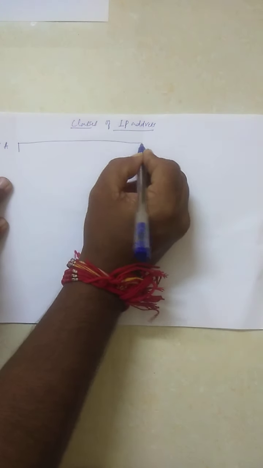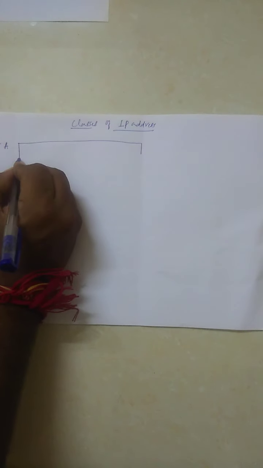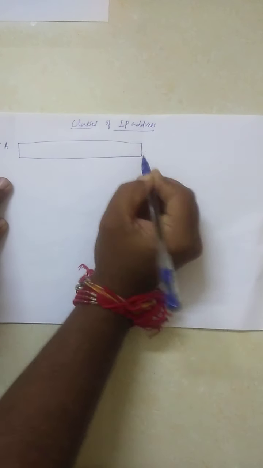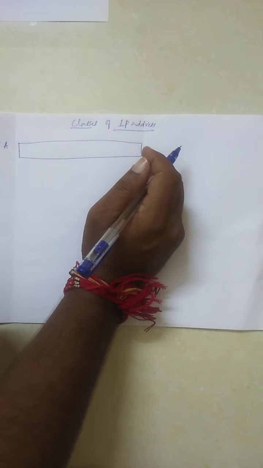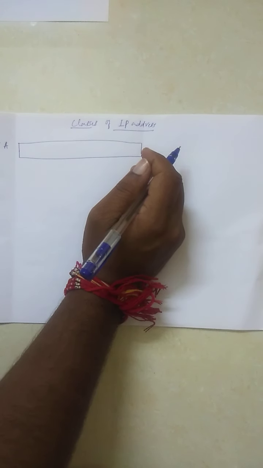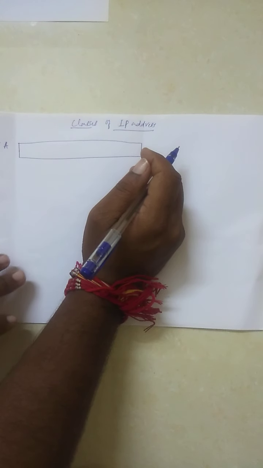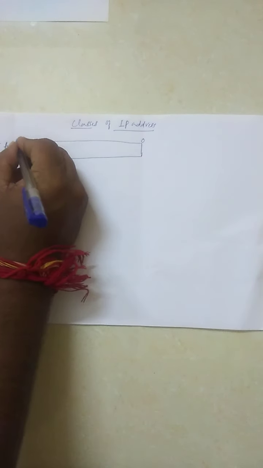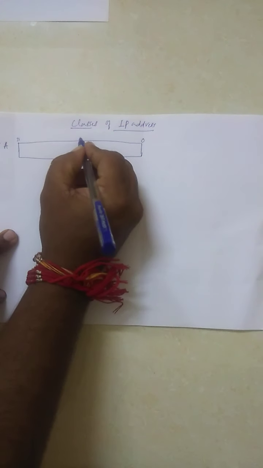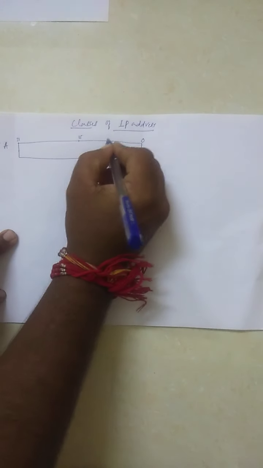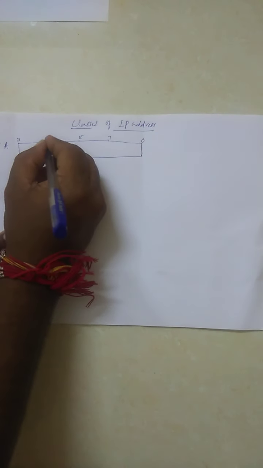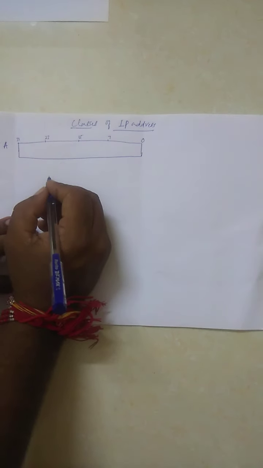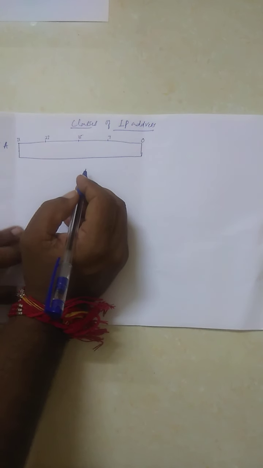Here we need to remember the size of net ID, the size of host ID, the class identification bit, and the range of Class A, Class B, Class C, Class D IP addresses. So this is the 0th bit, this is the 31st bit, this is the 15th bit, this is the 7th bit, and this is the 23rd bit. These are marked with the 8 bits.